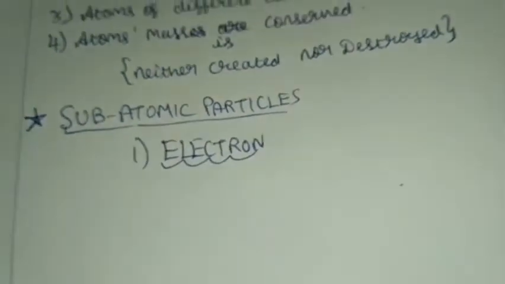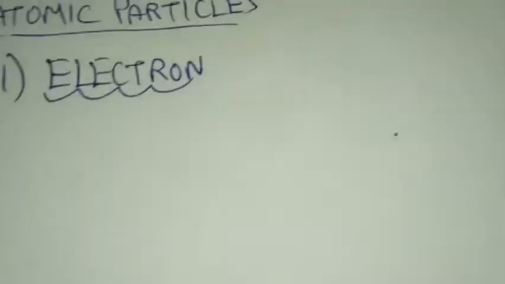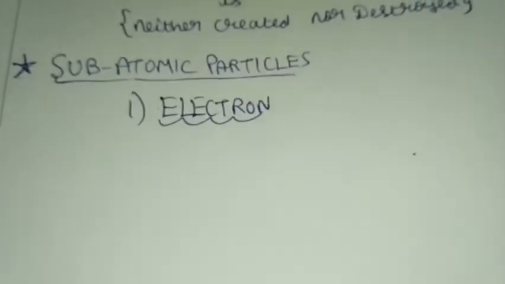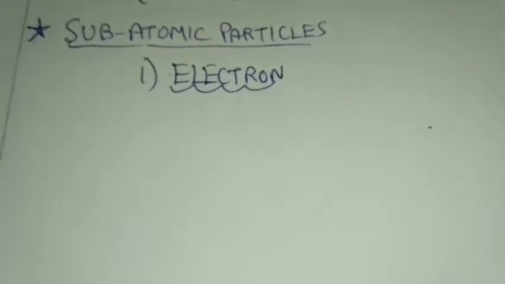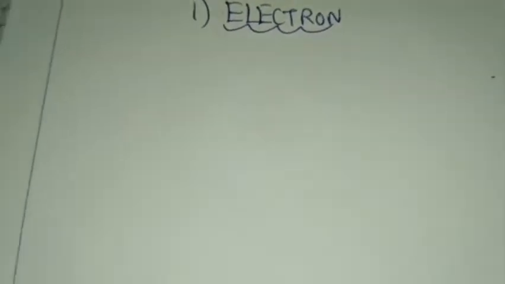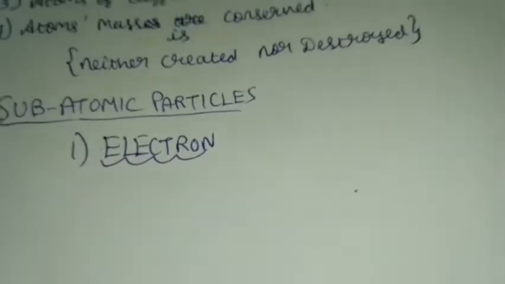In 1830, he gave 2 famous laws, which are called Faraday's laws of electrolysis. So what is basically electrolysis? You should have studied the electrolysis of a sodium chloride solution in class 10th, I guess. Electrolyte means the solution in which electrolysis is processed. So he gave two laws basically.